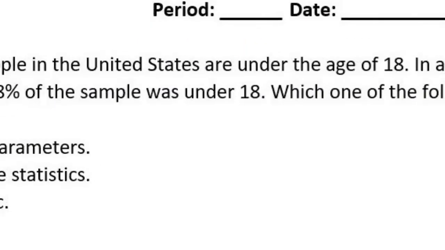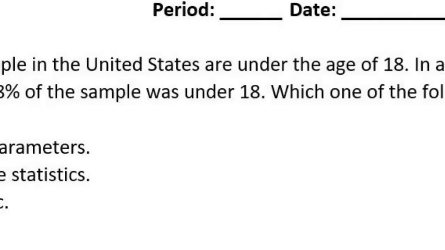Okay, so parameters and statistics. I'm trying to think of what I can actually write down on the screen that would be helpful. So a parameter and a statistic. If you're thinking about what you do, what you put into the calculator, or what you would record on paper, there's no difference between these two things. Parameters and statistics are calculated exactly the same way.